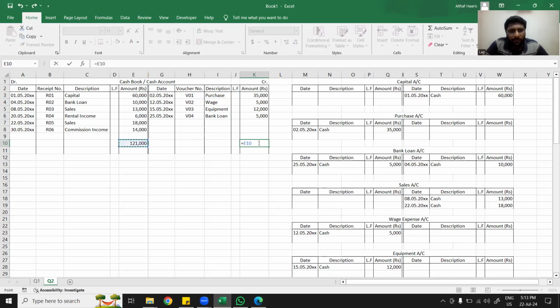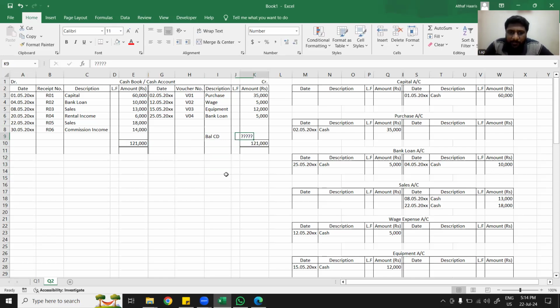Then write that value for both sides. Now for the credit side to become 121, how much is missing? Balance c/d.